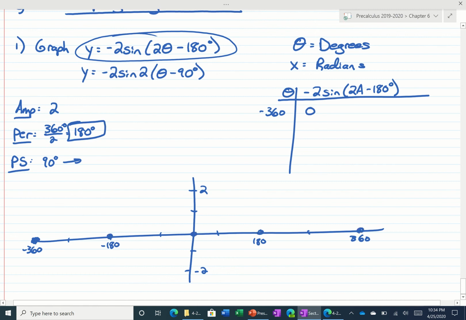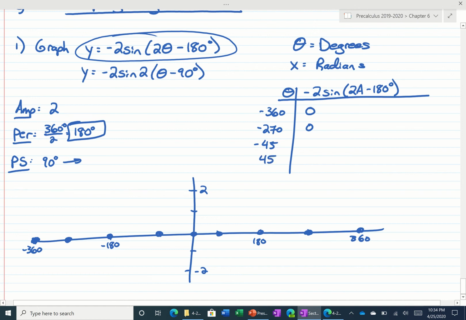Okay, let's see what happens at -270. I'm going to store -270, and I'm getting 0. Alright, so 180 degrees later, it's the same thing. Now, how on earth are we supposed to graph this? Well, let's pick some smaller numbers. How about -45 and +45?